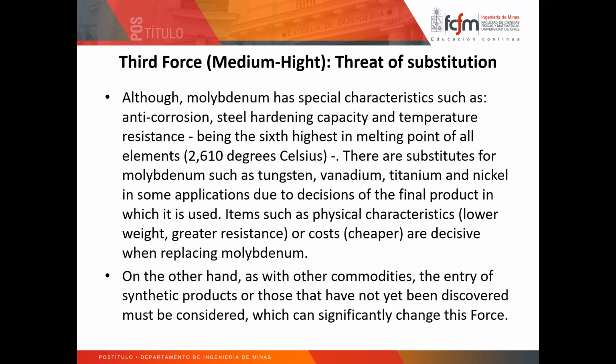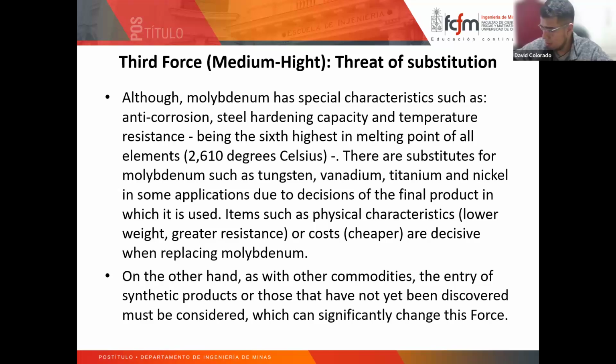There are substitutes for molybdenum, such as tungsten, vanadium, titanium, and nickel, in some applications, depending on the decision regarding the final product in which it's used. Items such as physical characteristics, lower weight, greater resistance, or cost are decisive when replacing molybdenum.